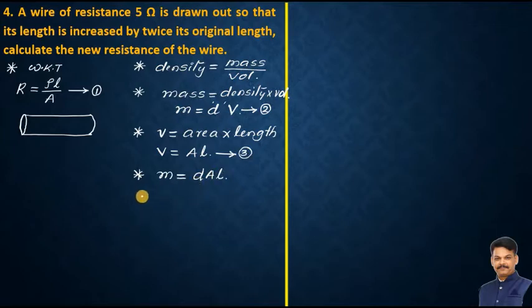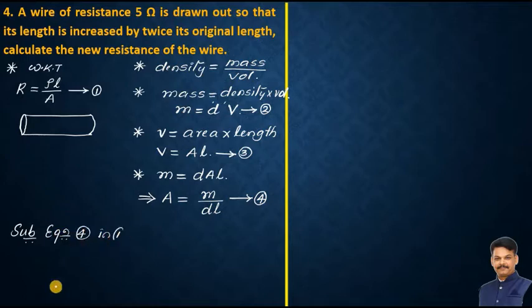And if I make a small change and modify it for area, then A is equal to M divided by density into length. Now assume that this is equation number 4. If this equation number 4 is substituted in equation 1, then we get R is equal to rho L divided by, instead of A I write M divided by density into length.